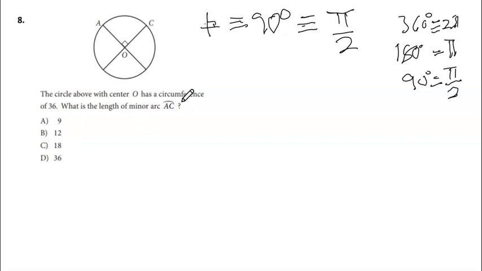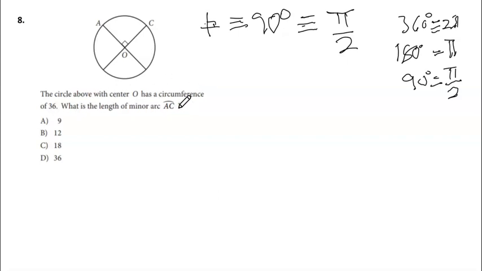This is just additional information for you, right? So when you see circles and they want you to find an arc, just use ratio. If the whole circumference is equivalent to 360, then the arc is equivalent to a certain angle given. So here, all we know is the 90 degrees is a fourth of the 360, right? So it says the circle above with center O has a circumference of 36.